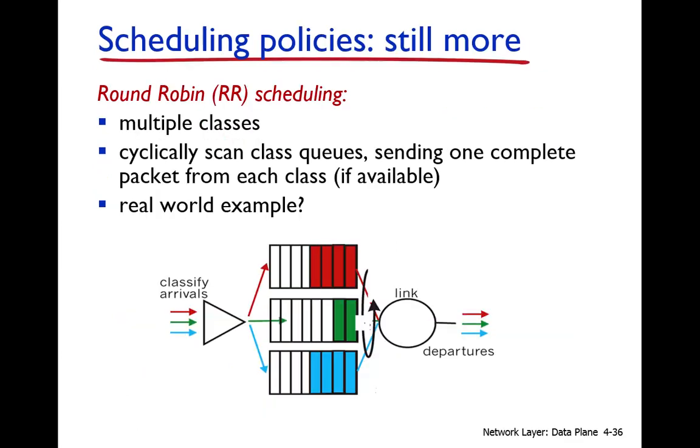Next, as we have discussed, when the packets arrive, they are classified into different classes. For example, these packets have higher priority, these packets have lower priority, and these packets have the lowest priority.